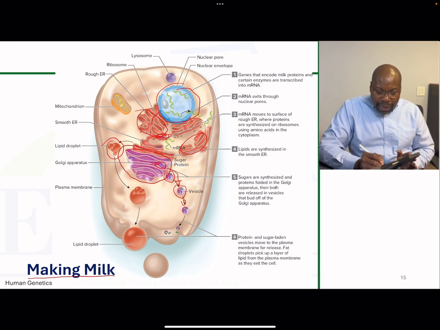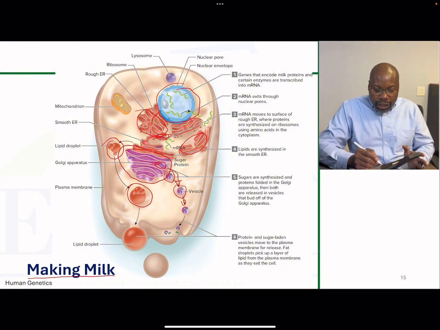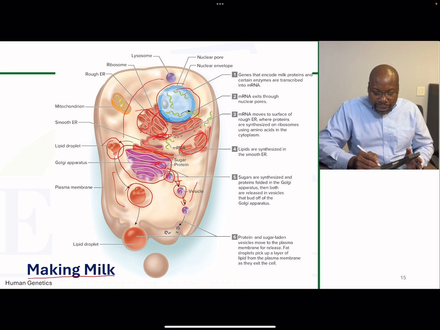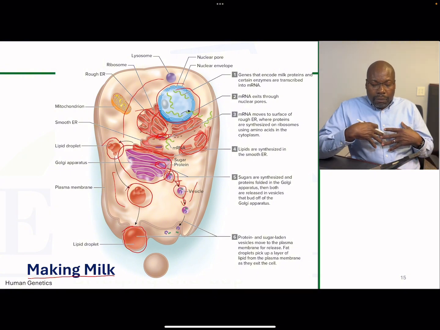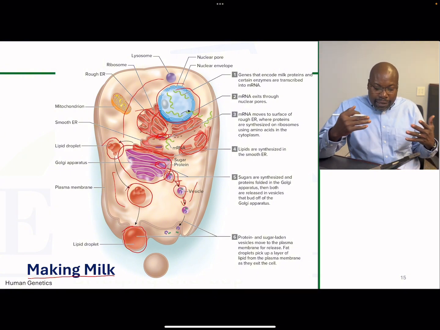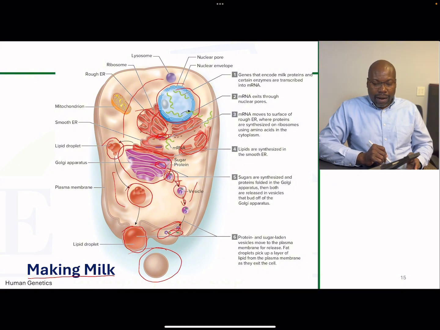These lipid droplets are going to come together in an ocean of water-based environment and are going to be sent out in this form so that when a mom is releasing milk, that milk is a mix of lipids, proteins, and carbohydrates, right?